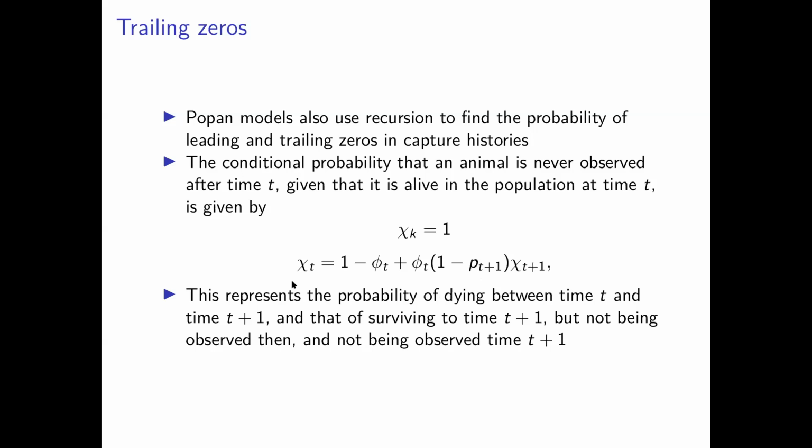So that's the recurrence relation for trailing zeros in a capture history.